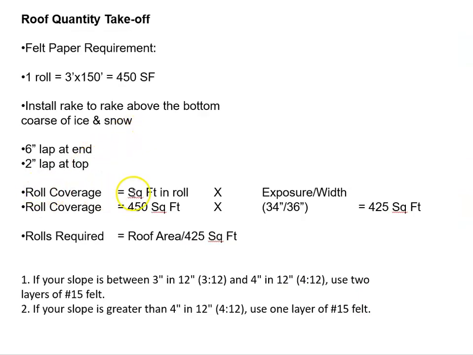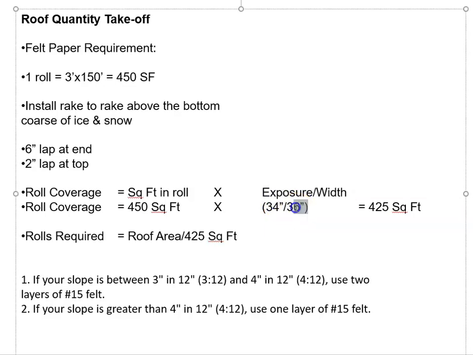So roll coverage is square feet in the roll times the exposure. So if we have 450 square feet, and then here is the width, here's the exposure divided by the width. So the width of the roll is 36 inches, but the exposure is only 34.